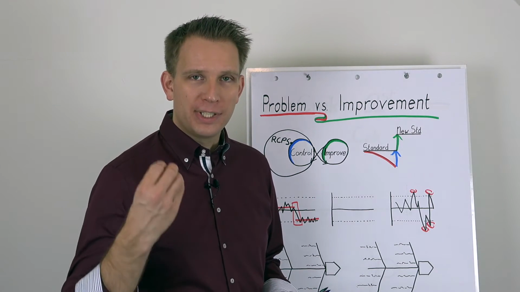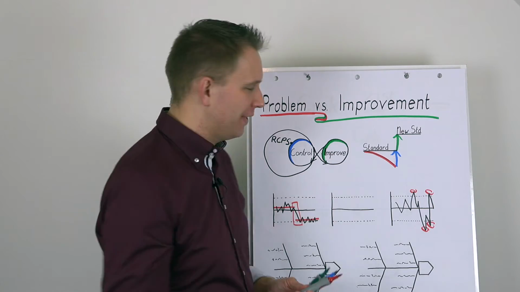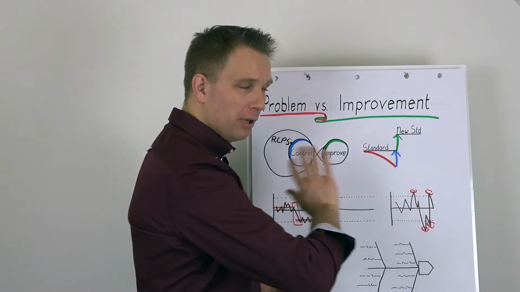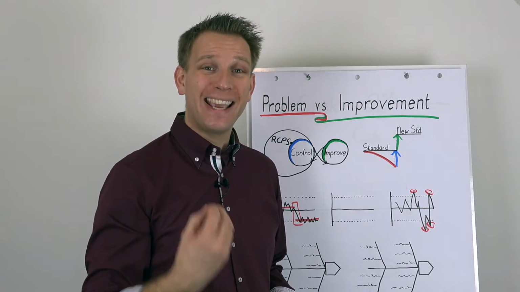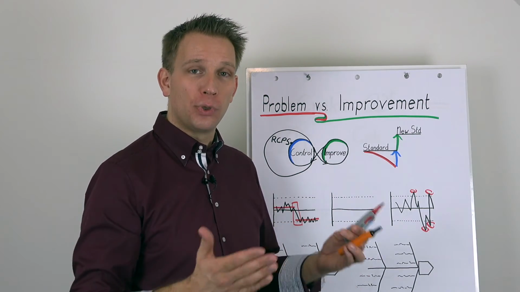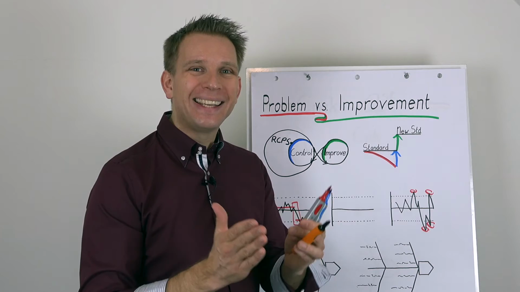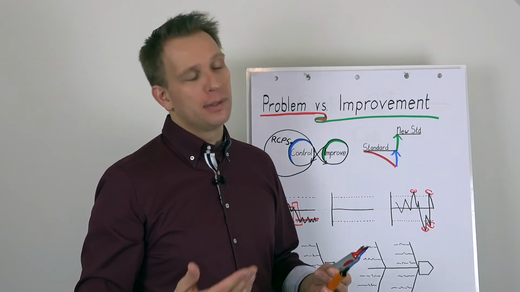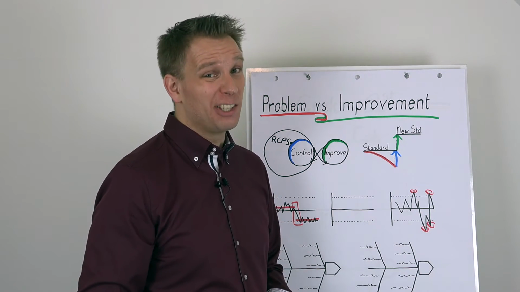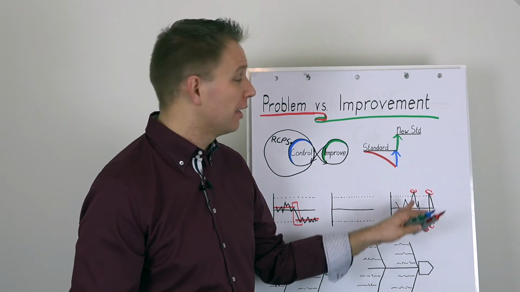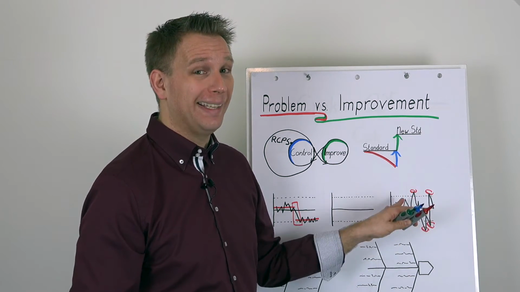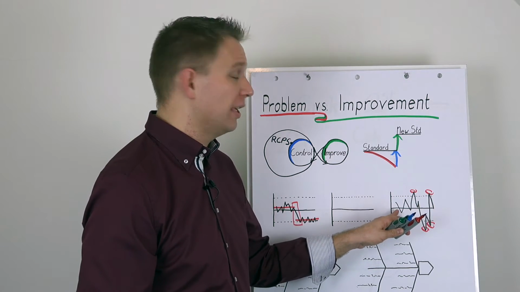But here is why it's important to look back at a little piece of history. If you have them on all sides, so basically this process is just not capable. This process will not stick within your control limits, or more likely in this case the specification limits, because probably you have not had a Six Sigma engineer really take a good look at these limits and at these control charts yet.